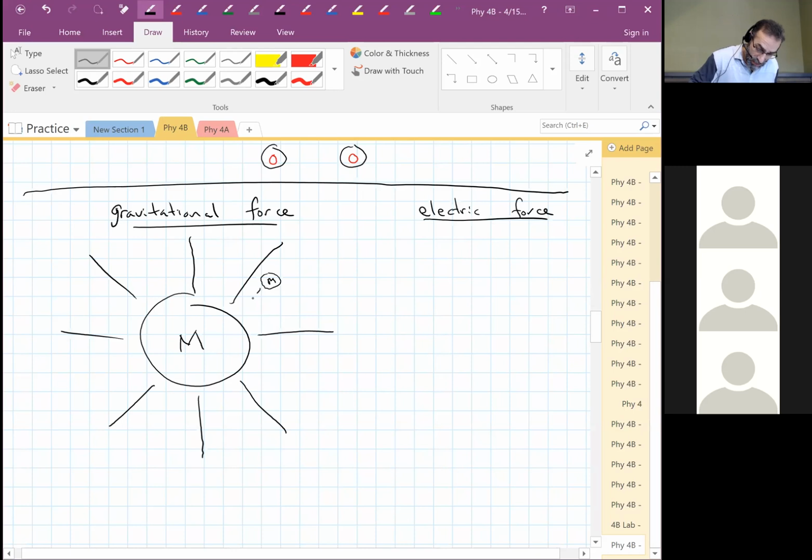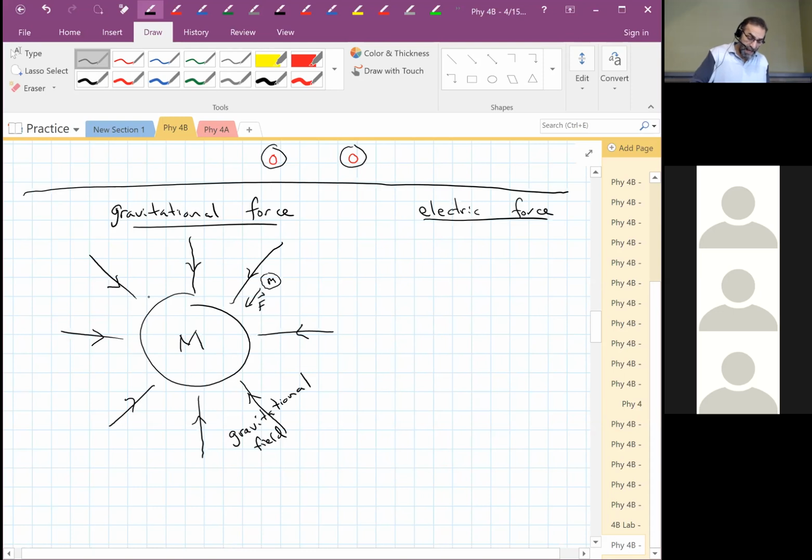And we know that gravitational forces are attractive. These would be our gravitational field lines. And what direction do our gravitational field lines point? They point the direction an object with mass would go if we stuck it at that location.